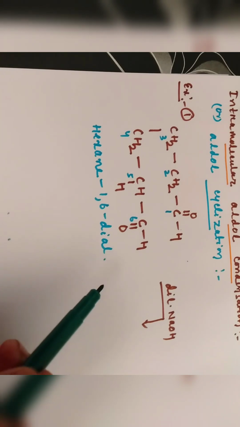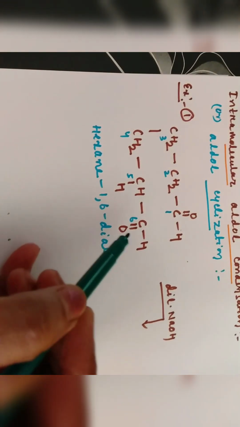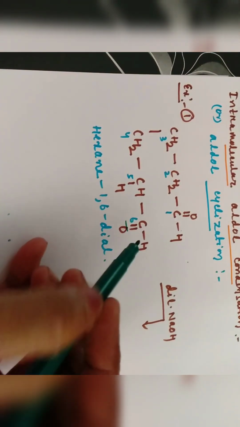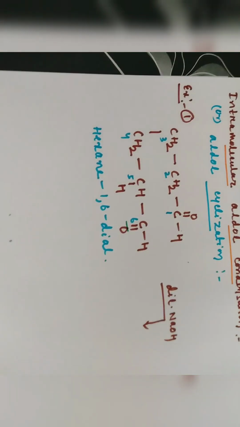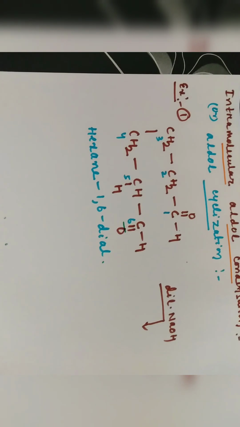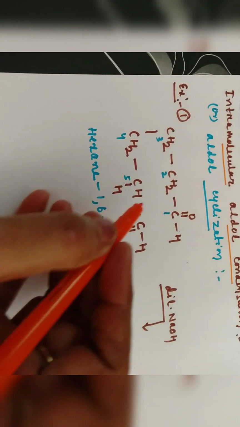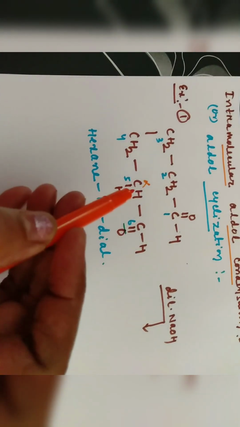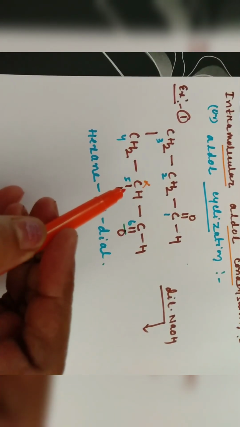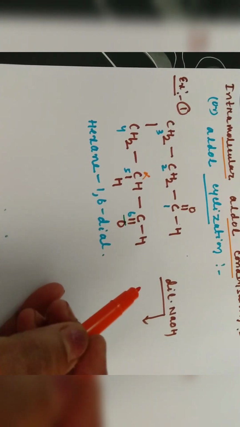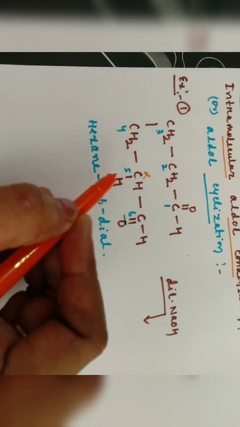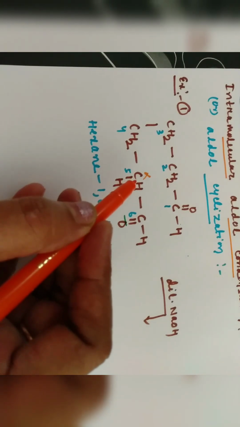Now first of all, what happens: if this one is your functional group, this is your alpha hydrogen atom. Okay, see here, this is your alpha hydrogen atom. Now first of all, on treatment with dilute alkali it will form an enolate ion. That means this hydrogen will be removed and it will form an enolate ion.